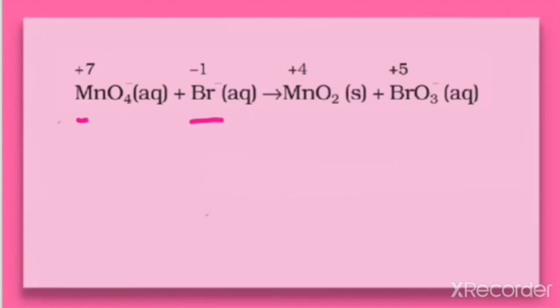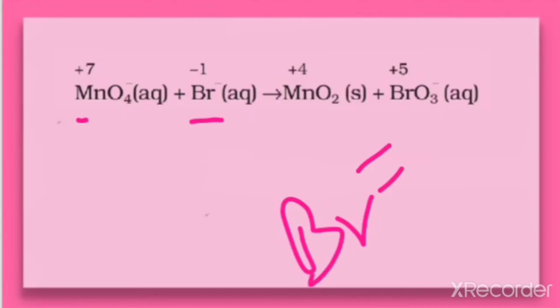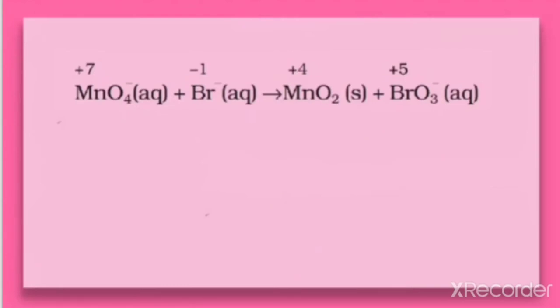Bromide ion is Br negative, so its charge is its oxidation number, therefore we write -1. In MnO2, the oxidation state of Mn is +4, and in BrO3 negative, the oxidation state of Br is +5.